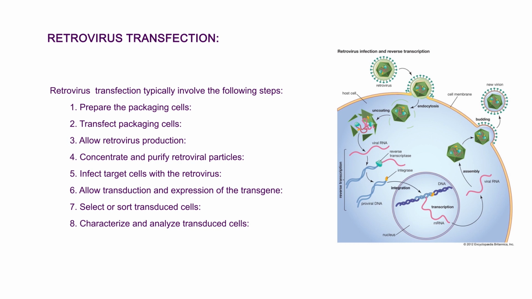After this, infect the target cells with the retrovirus to allow transduction and expression of the transgene, followed by selecting or sorting the transduced cells and ultimately characterizing and analyzing the transduced cells.